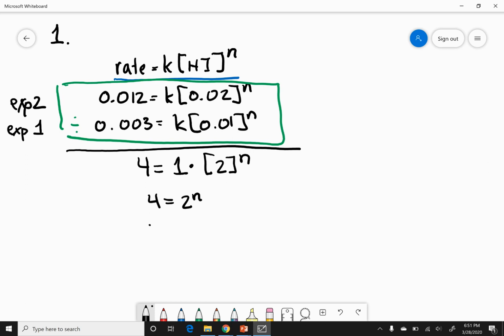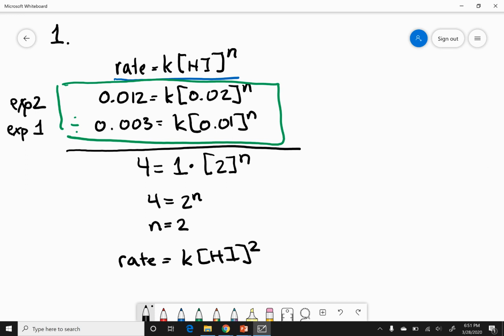And so you guys can do this by inspection, that n is going to equal 2 to make that expression correct. And so what this tells us is now I can write my rate law. Rate equals k HI to the second power.